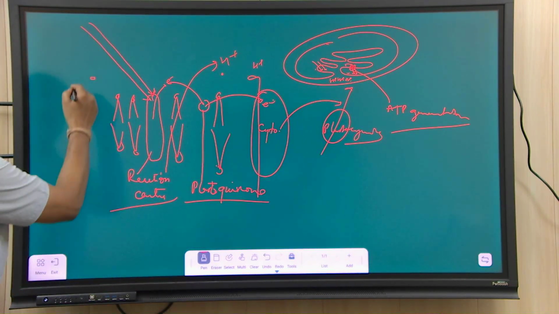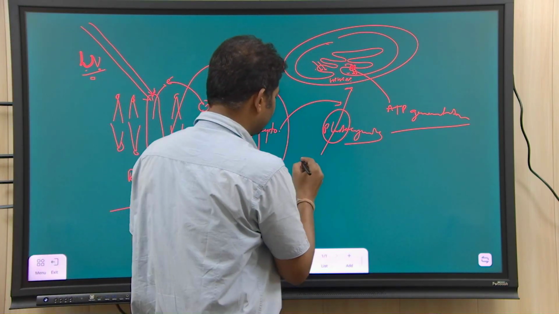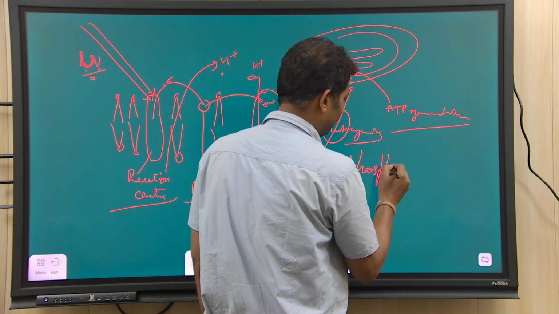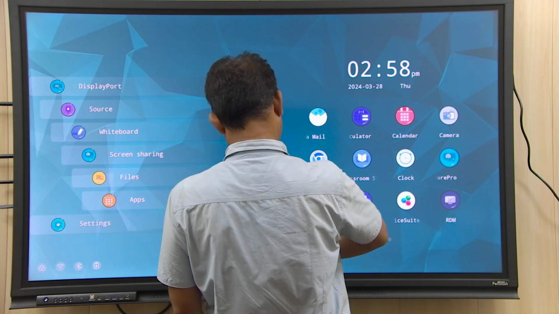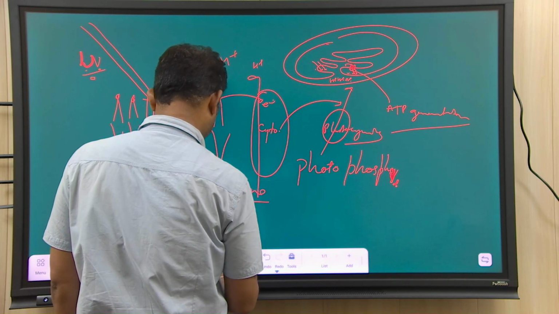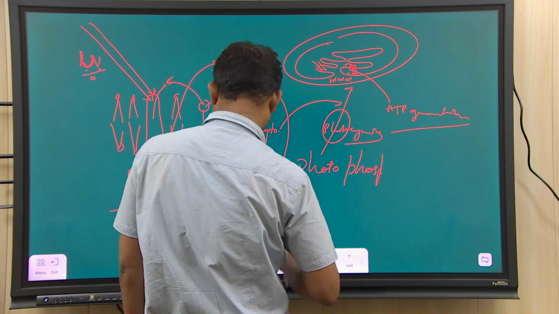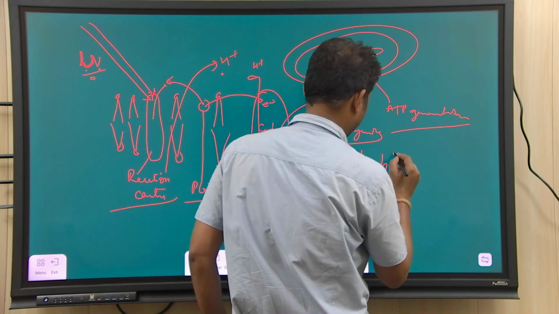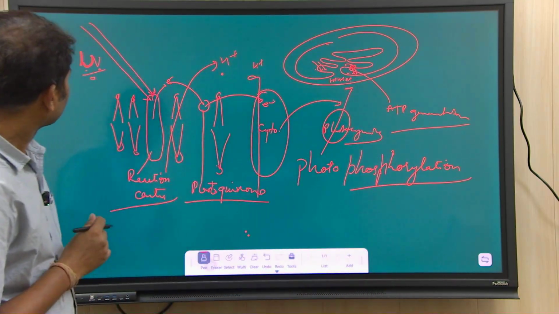Because the electrons were generated with the help of photons, this mechanism of formation of ATP was named photophosphorylation.